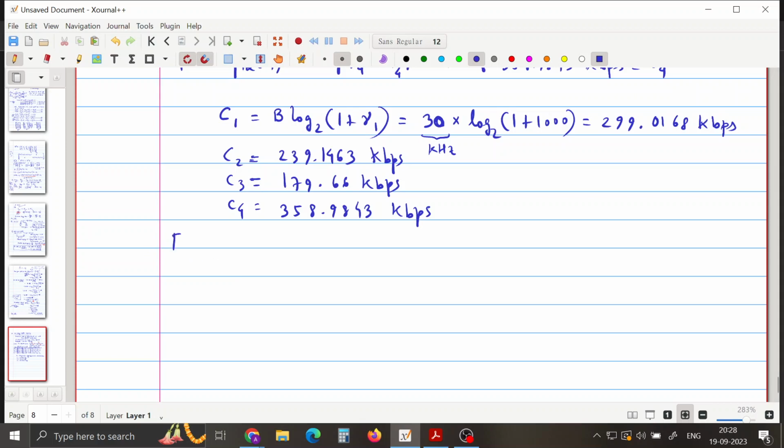Now, in order to find the ergodic capacity of the channel, it is actually the expected value or the average of all these instantaneous capacities.